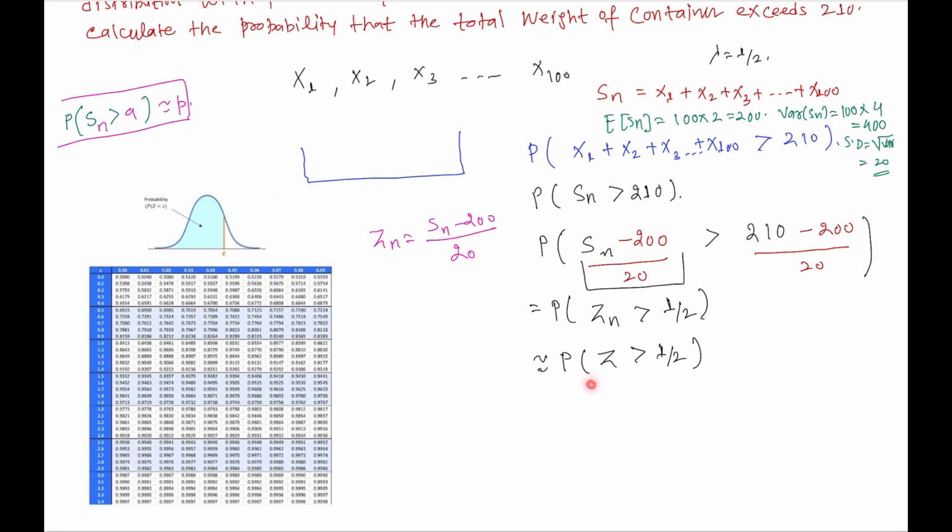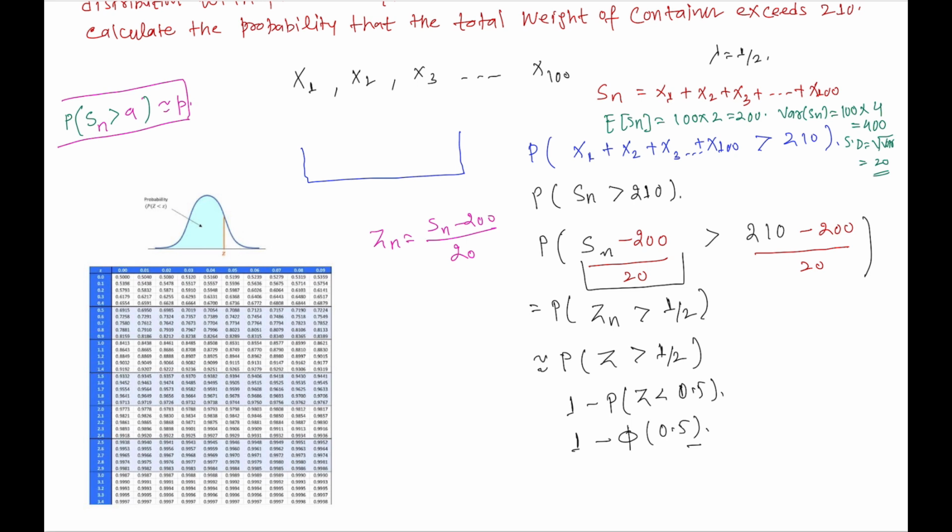So here we have the probability that the normal random variable is greater than half, so we can write this as 1 minus the probability that this random variable takes a value less than or equal to 0.5, right? In terms of CDF notation, it is 1 minus the CDF calculated at 0.5, right?